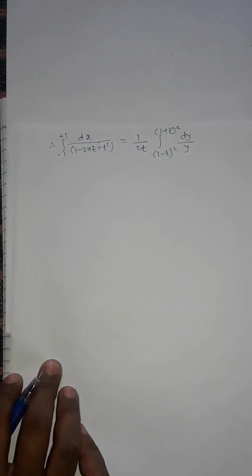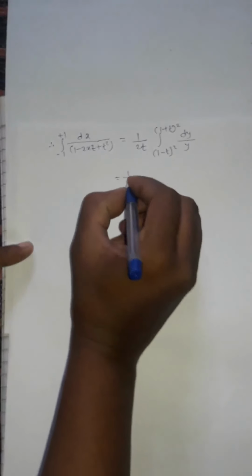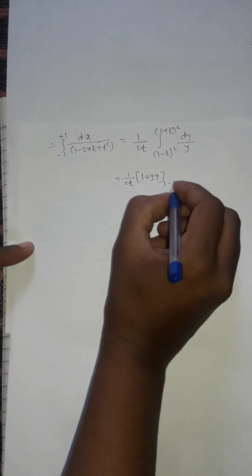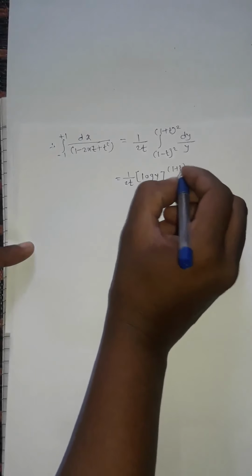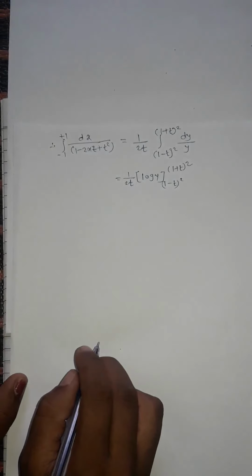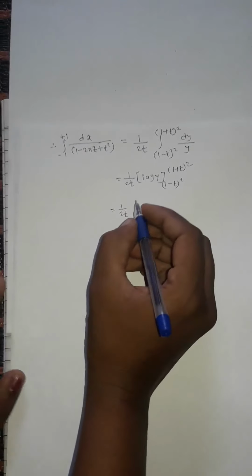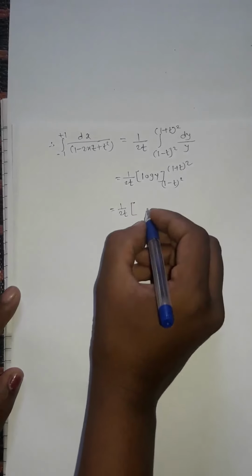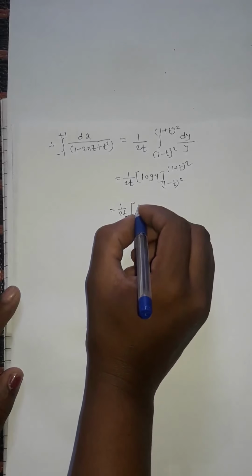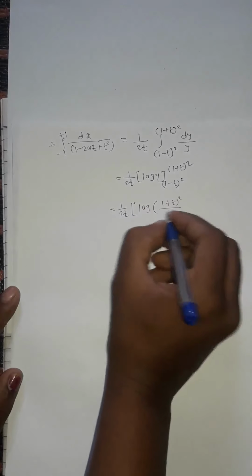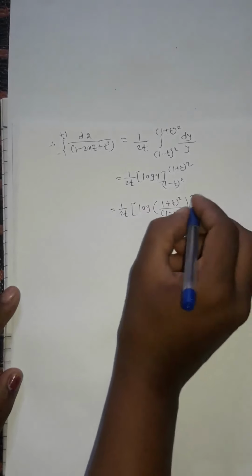This is equal to 1 upon 2t into the integration of 1 upon y, which is log of y, over the interval 1 minus t square to 1 plus t square. Now, by solving this, 1 upon 2t into log of 1 plus t square upon 1 minus t square.